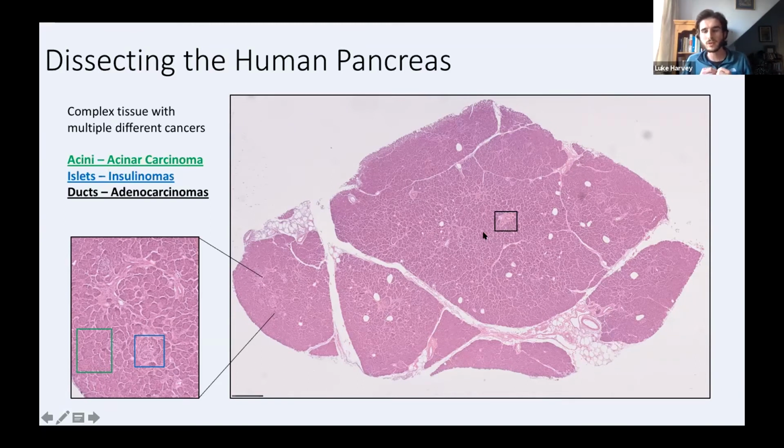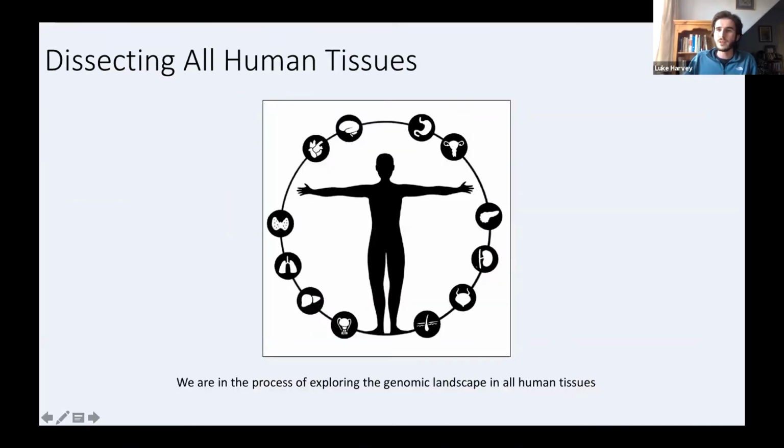And so what we can do with the laser capture microdissection is we can cut out every single acini we see, every single duct we see, and every single islet we can see. And we can start to identify how from one tissue, multiple different cancers can develop. And so within our group in Sanger, what we're beginning to do is to dissect all human tissues.